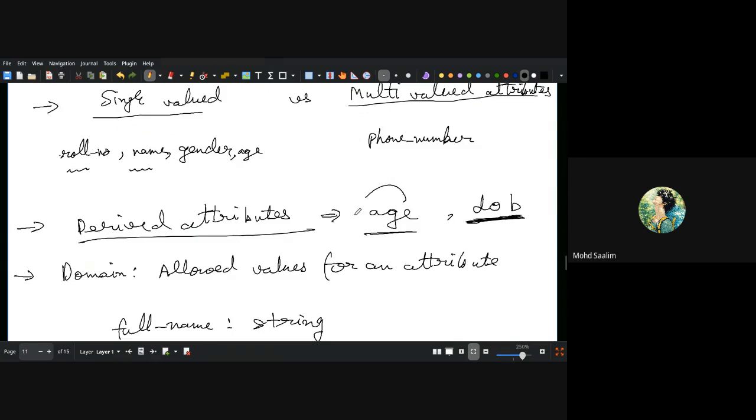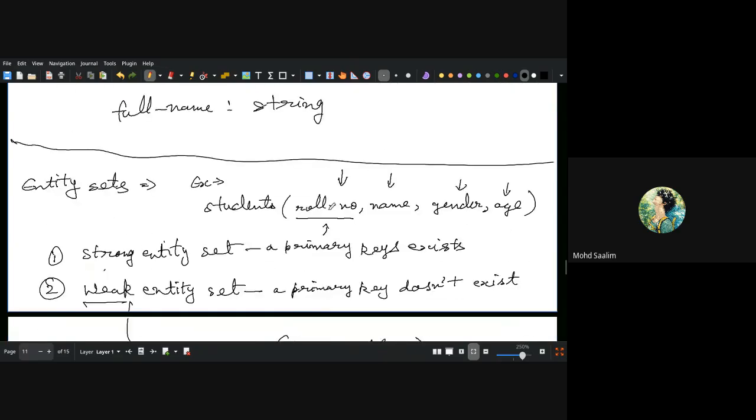Whenever you need the age of the student, you can run a function to find the difference between now and the DOB, and directly find out the age. So these type of attributes that are always derived instead of getting stored are called derived attributes.